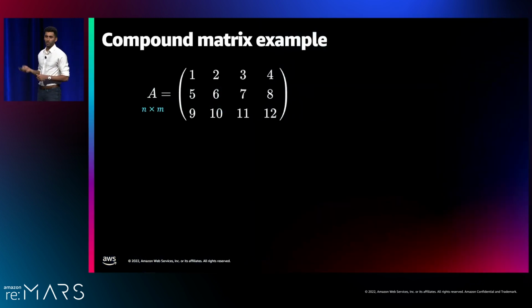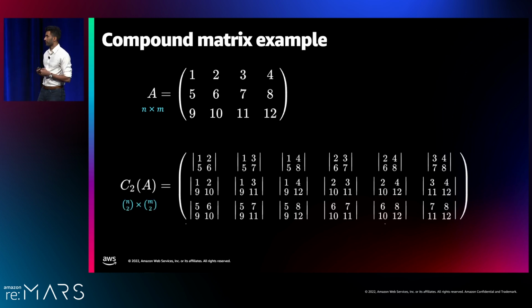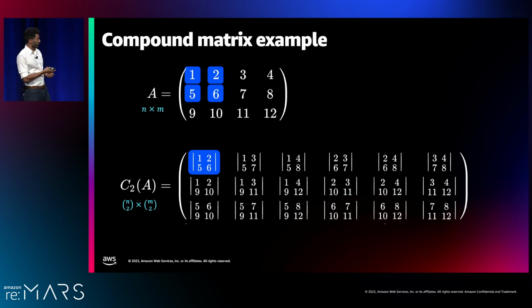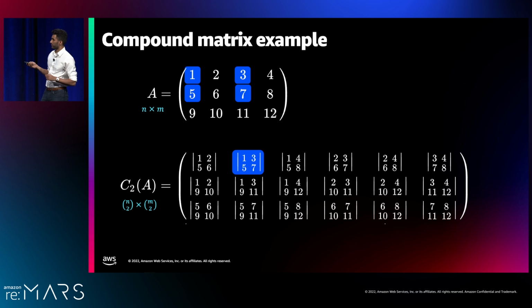So this is what it looks like. If you have this A matrix here, which may represent pairwise interactions, the compound matrix is an exponential size matrix, of course. Well, exponential when the order of the compound matrix gets large. And it's the matrix of determinants. So this is the second compound matrix, which means it's the matrix of 2 by 2 determinants that you can grab from A. So you can see the first determinant is 1, 2, 5, 6.